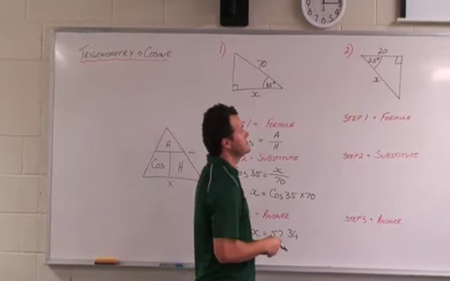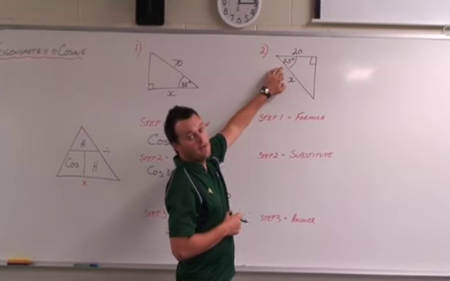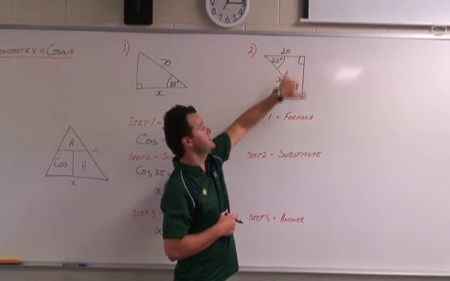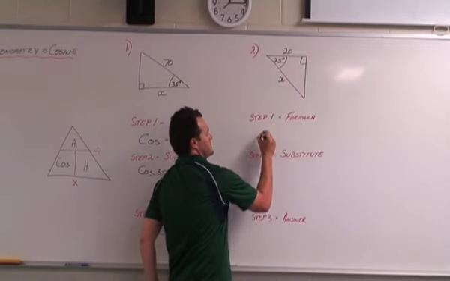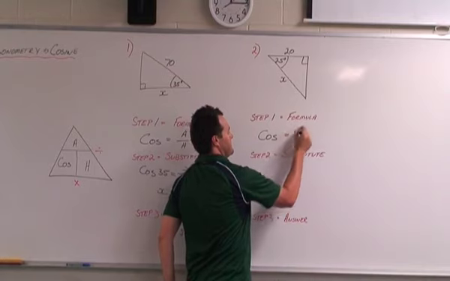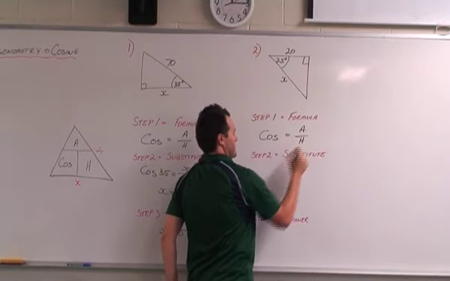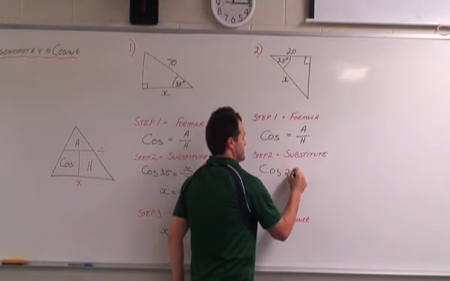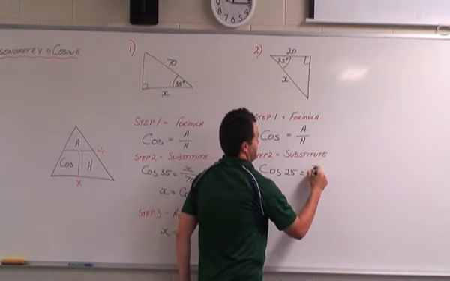Okay, let's have a quick look at the second one. Looking at the angle, it is 25. We've been given an adjacent, we're trying to find a hypotenuse. Start with the formula. Substitute into the formula. Cos 25.